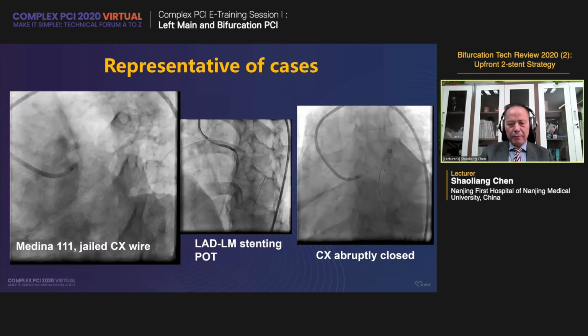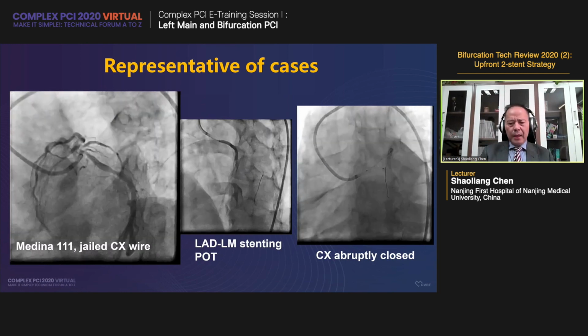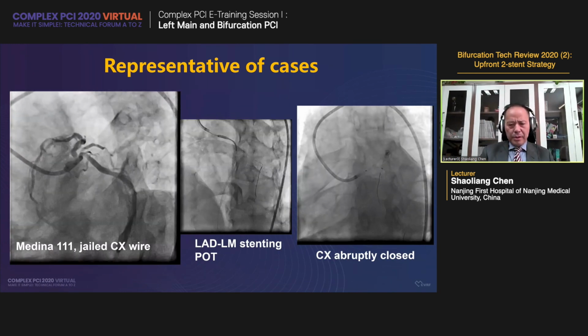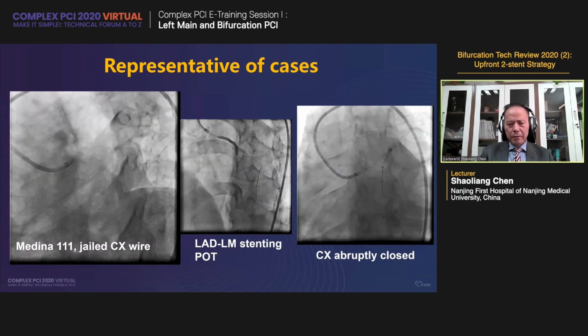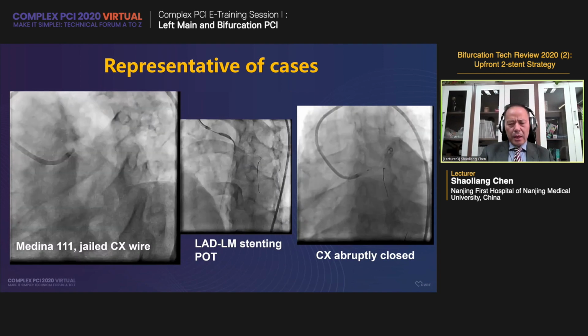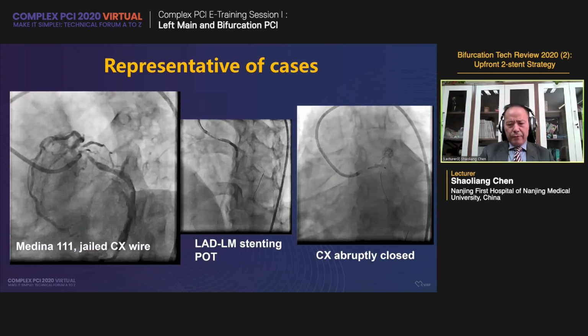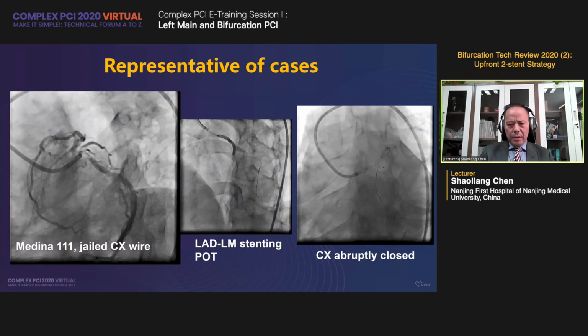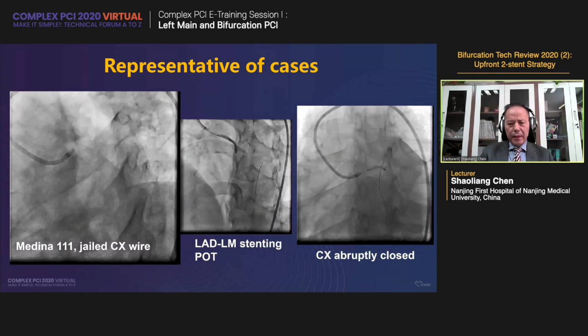The patient presented with very severe chest pain, ECG ST depression, and blood pressure reduced to a very low level. So we gave a lot of dobutamine and atropine. After that, I tried to rewire the circumflex. I attempted it several times, but finally I failed to rewire.